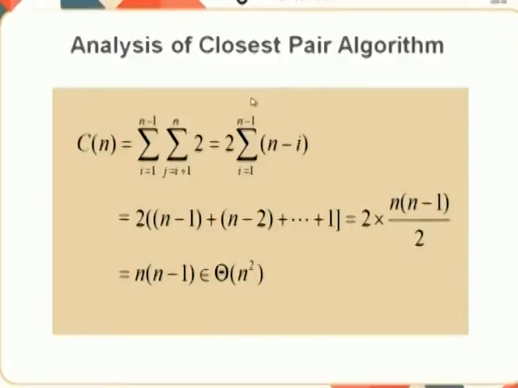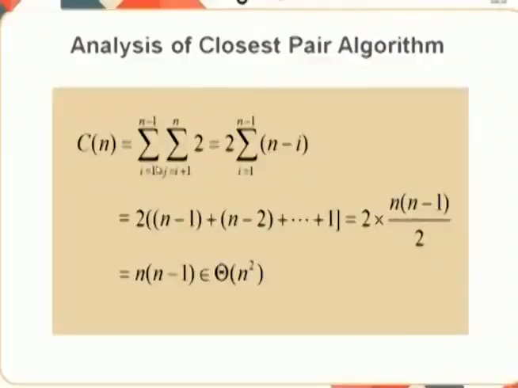Fine. How to analyze this? Recollect the module where we discussed iterative algorithms, where I said we have to find the basic operation, and then see how many times the basic operation is repeated. Now in the algorithm we have started a loop from i equal to 1 to n minus 1, and the inner loop starts from i plus 1 to n.